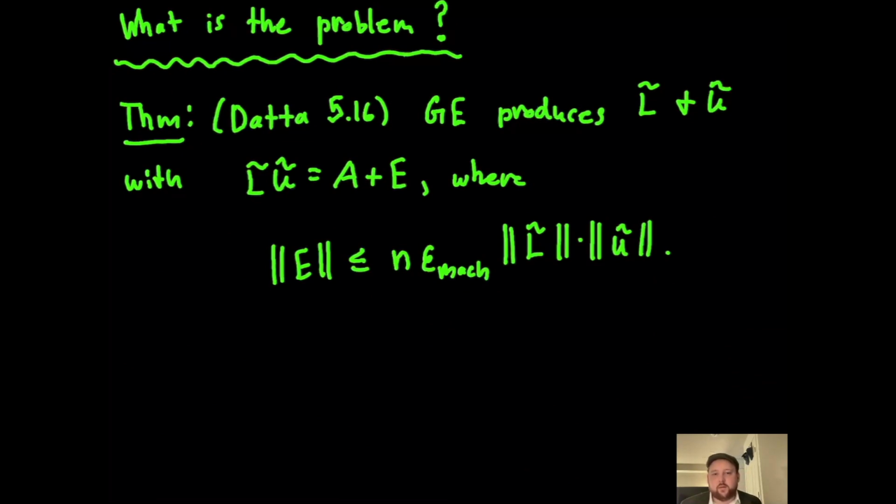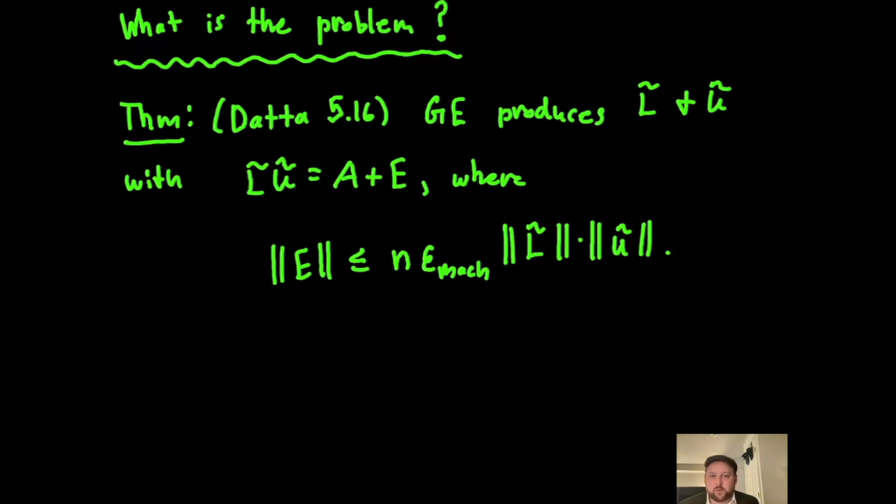Okay, so we might ask, what is the problem, or why does Gaussian elimination sometimes give us these poor results without pivoting? There's a theorem that we could state. We're not going to prove it, but it states that for Gaussian elimination, the produced L and U factors, remember, we use this tilde to denote the ones actually computed on the computer, satisfy L times U equal to A, the thing we want, plus some error matrix E. What's true about this error matrix is that I can bound its norm.